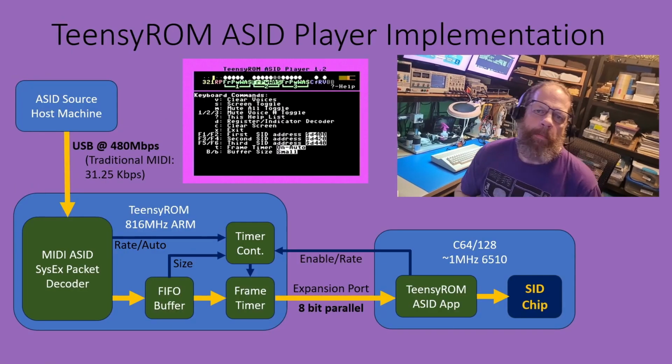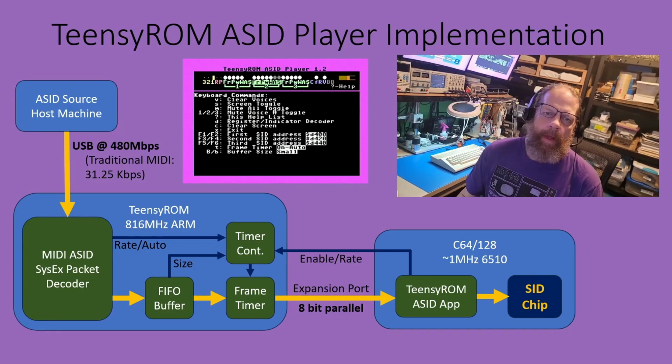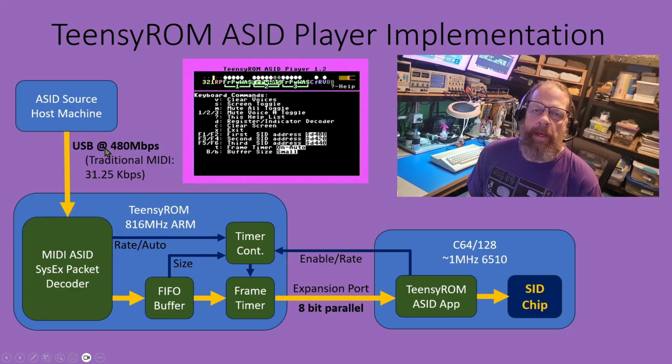So let's talk in a little more detail about the TeensyROM ASID Player implementation. Out of any of the sources mentioned on the previous slide, the data comes out via USB at a much faster rate than traditional MIDI and is brought into the TeensyROM's USB input connector.